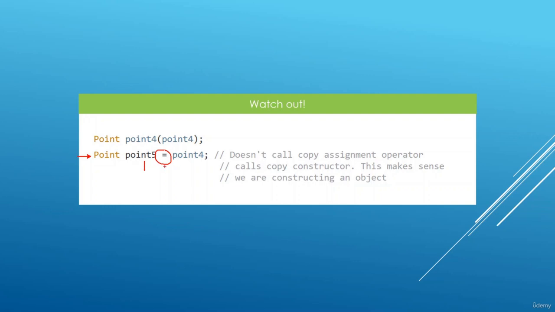So this is going to call the copy constructor. We are constructing p5 from p4, and this is going to call the copy constructor, and you need to be aware of this. The copy assignment operator is only going to be called if you are cross-assigning between objects that already exist.